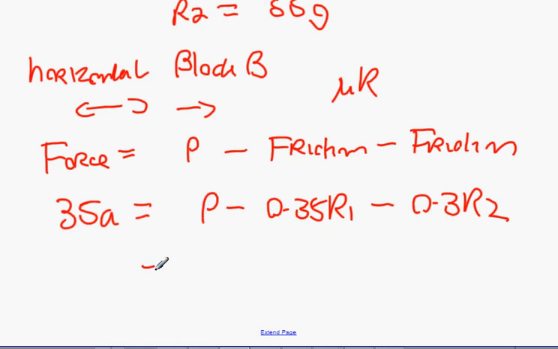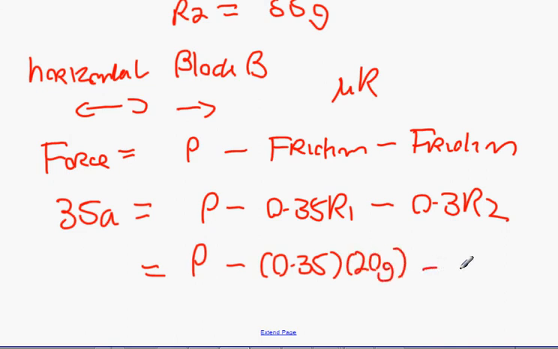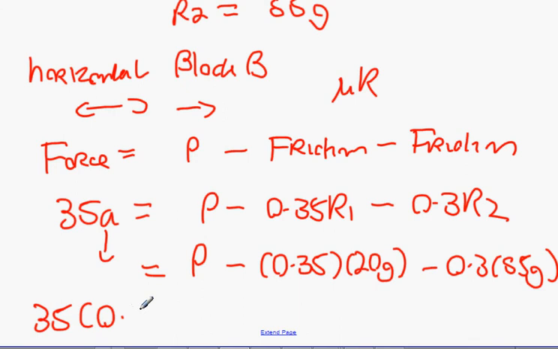That's going to be P minus 0.35 times 20G minus 0.3 times 55G, and that equals 35 times A. Now what did we say acceleration was again? 0.35G.